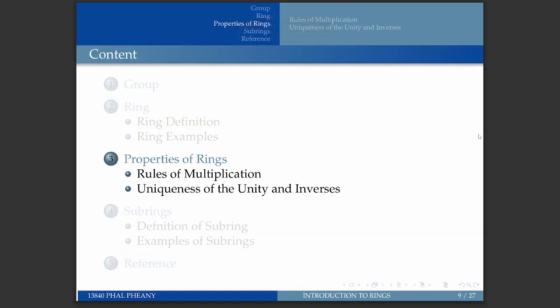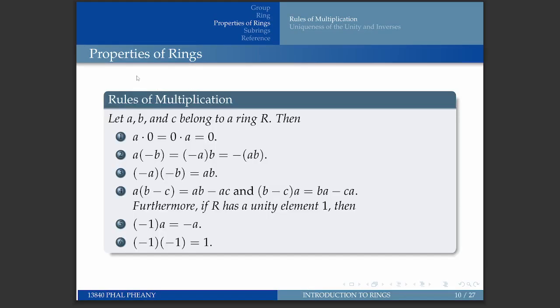The next part is the properties of the ring. Suppose now we study the rules of multiplication. It's quite simple also. Suppose we have 3 elements a, b, c belonging to the ring R. Then the first property is: a times 0 equals 0 times a equals 0. The second property is a times minus b equals minus a times b equals minus ab. The third property is minus a times minus b equals ab.